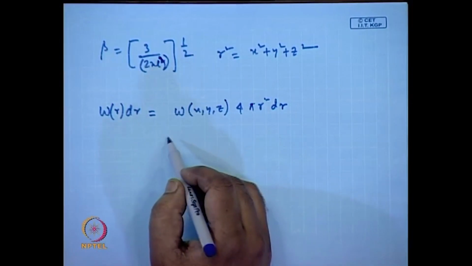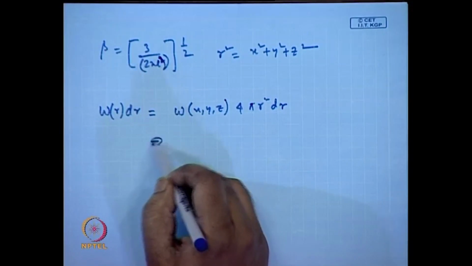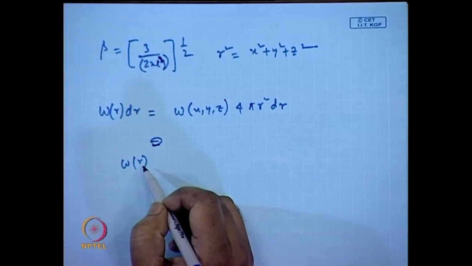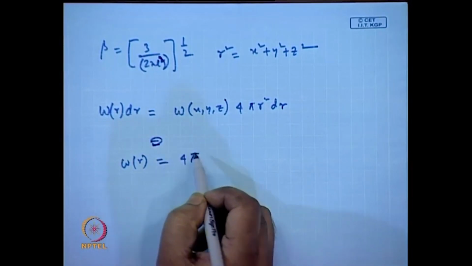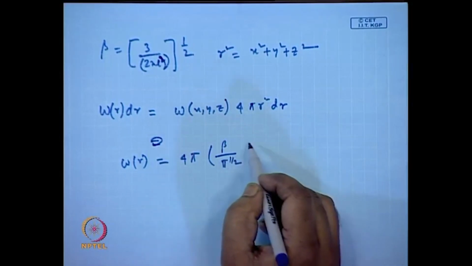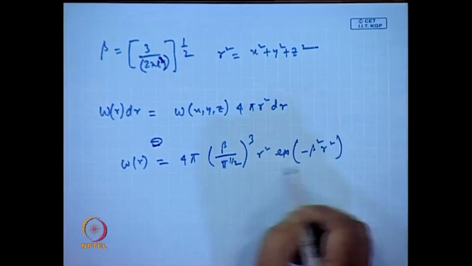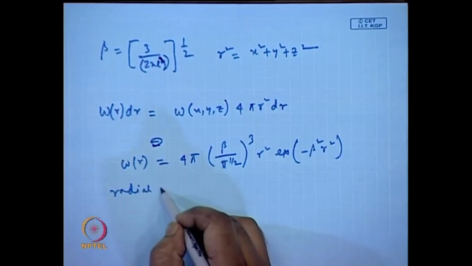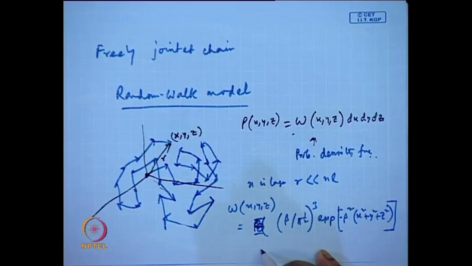And this one, W(r), is then given by this. This is the radial distribution function, and the other case was the Gaussian distribution function.